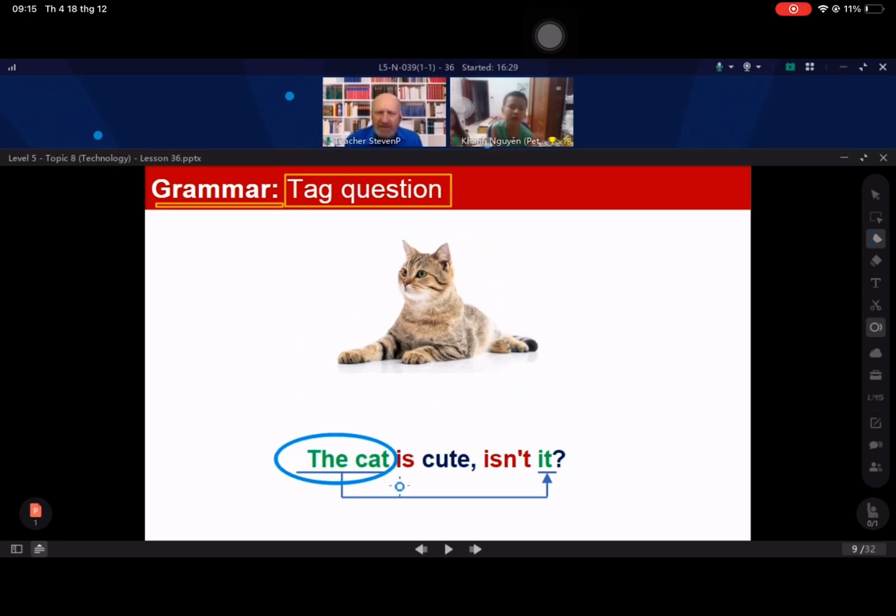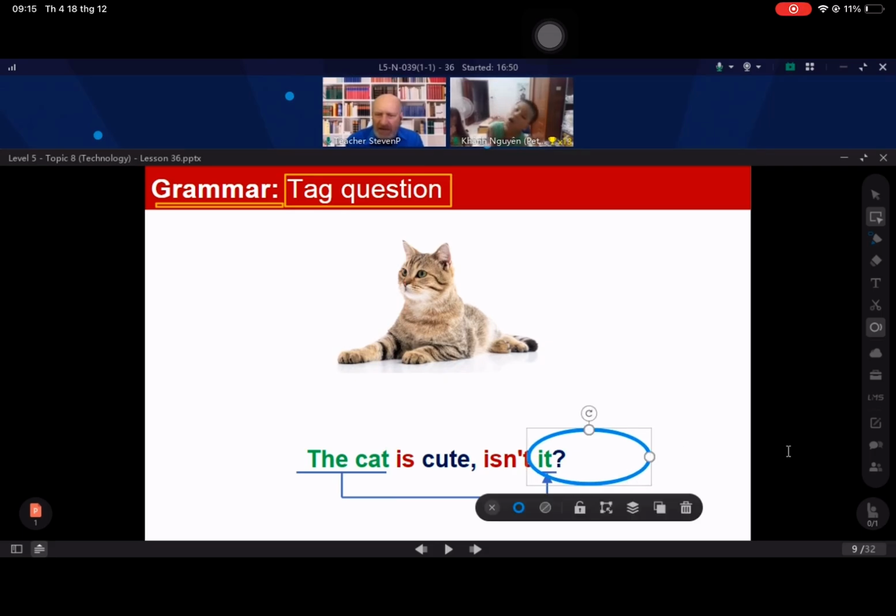Yes, that's right. In a tag question, the subject at the beginning of the sentence can be a noun, or someone's name, or a pronoun. But at the end, we move the subject over here, and it becomes a pronoun.